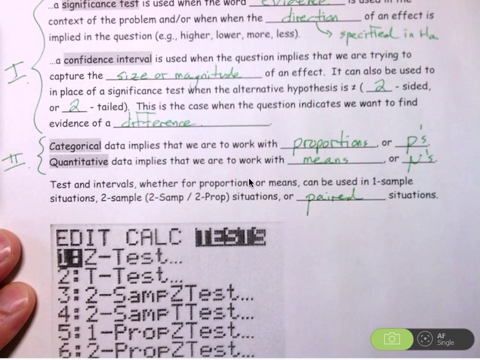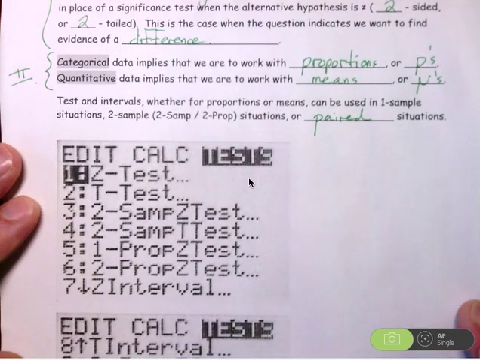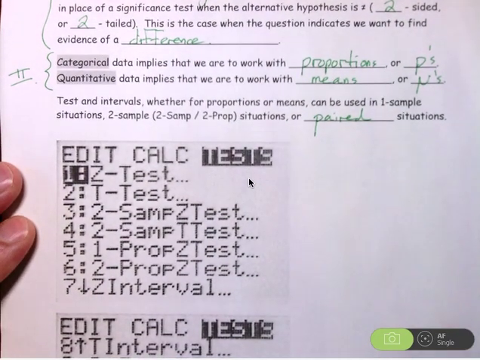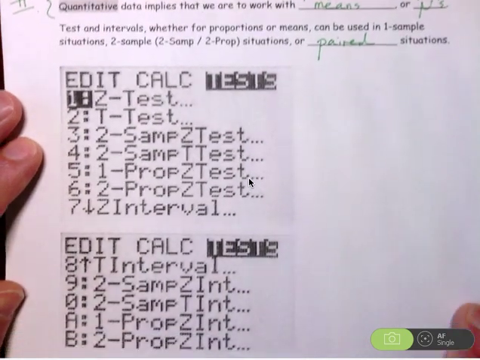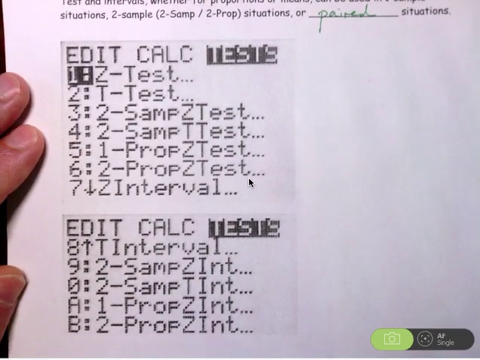So now it's time to actually look at the calculator screens. I have put on this handout screenshots of the calculator commands from the units that we've studied so far, and I want to make sure that you can find on the calculator the commands that you need in order to complete particular tests. So the simplest commands to identify are the ones with proportions, because they have to have the term prop in them.